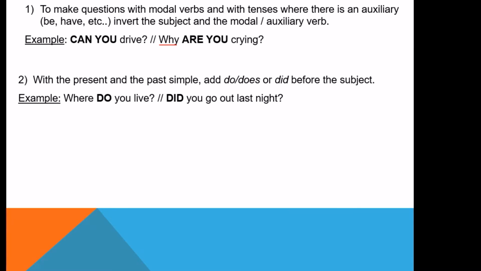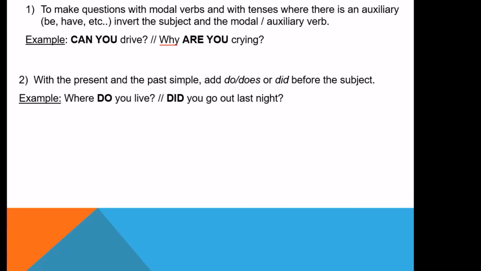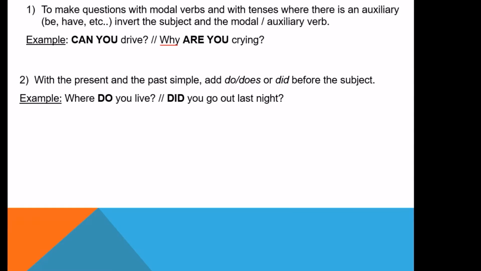This is because these verbs don't have the power. Let's say they are not powerful enough, so they need a kind of crutch to support them. They are not like the modal verbs and the auxiliary be, have. So they need a crutch.